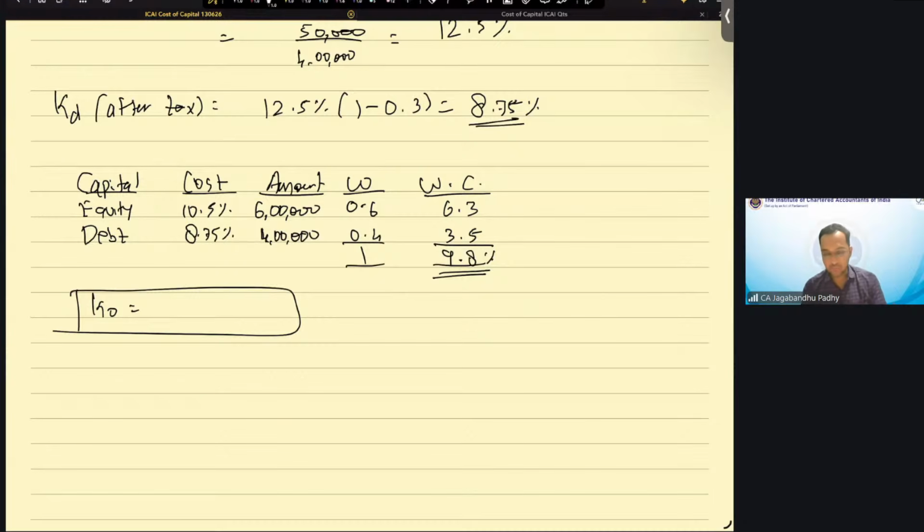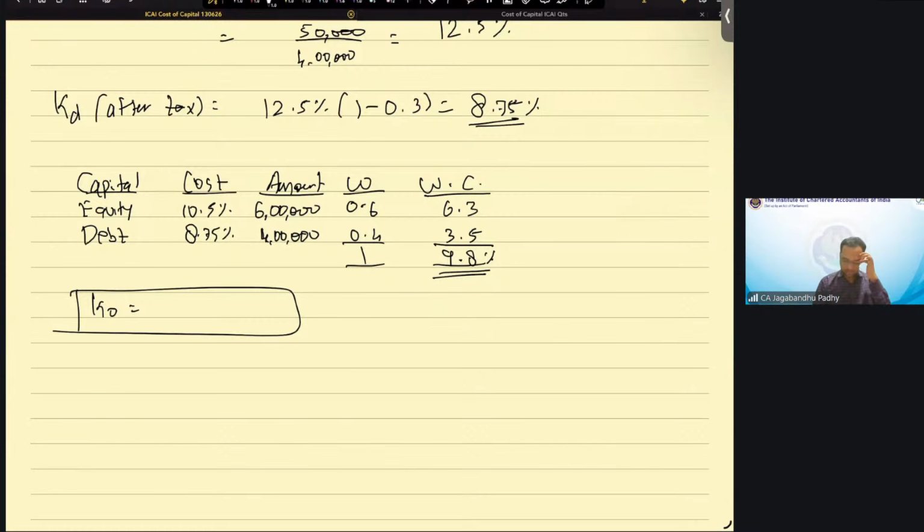Okay. So with that, we are through this topic of cost of capital. We have seen how to calculate individual costs of capital when it comes to debentures or borrowed funds, preference shares and equity shares. In case of borrowed funds, we had two methods.